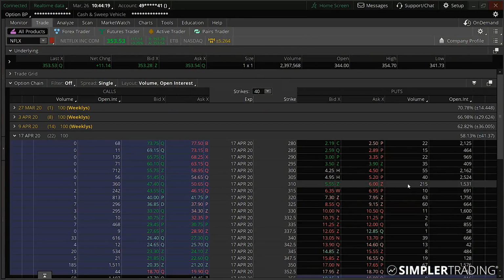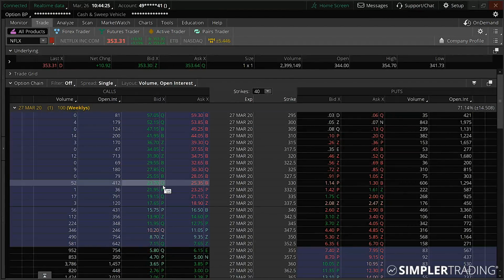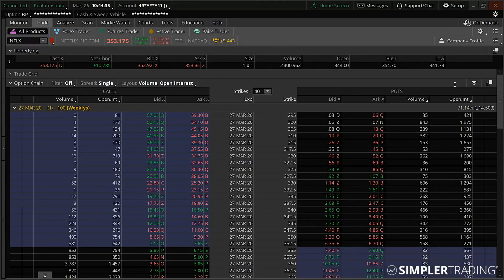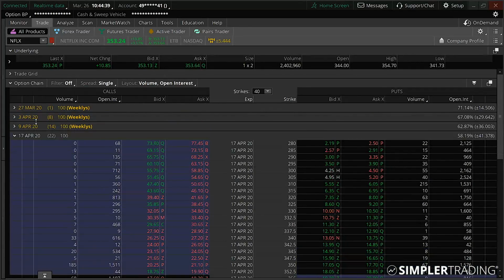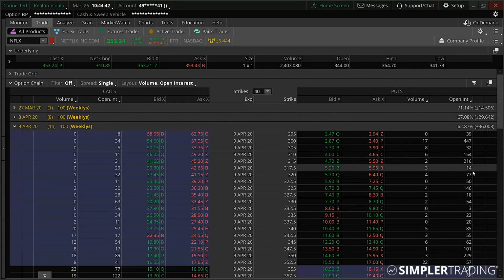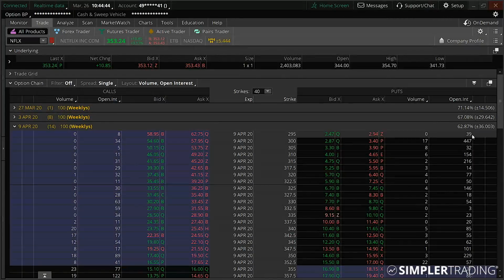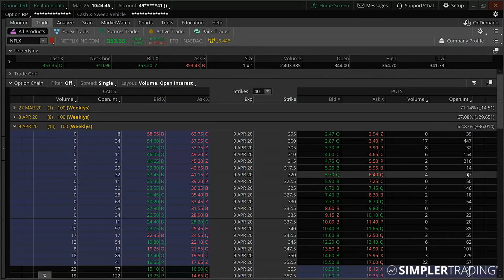Let's check that and apply it to Netflix. We have rising prices in Netflix. The open interest is not only on the put side, it's on a decline. Go into a different expiration, let's go 14 days out. Do you see the difference there? I know that was super fast, but it basically shrunk from hundreds and hundreds down to double digits.